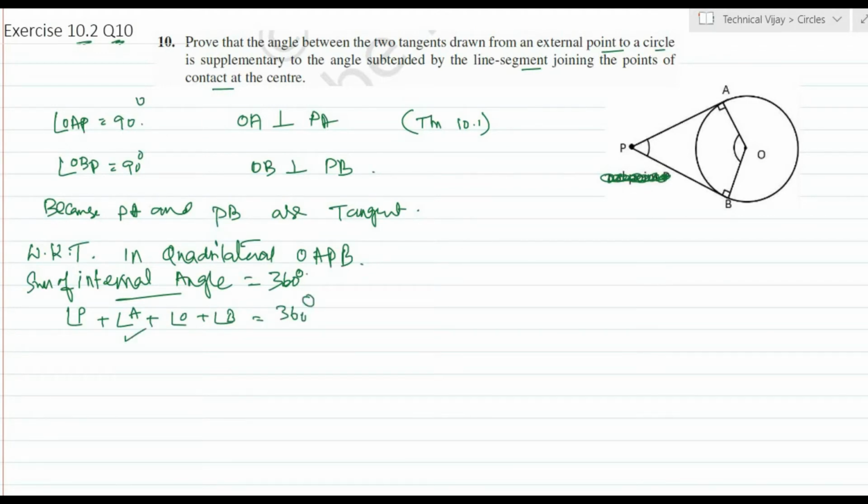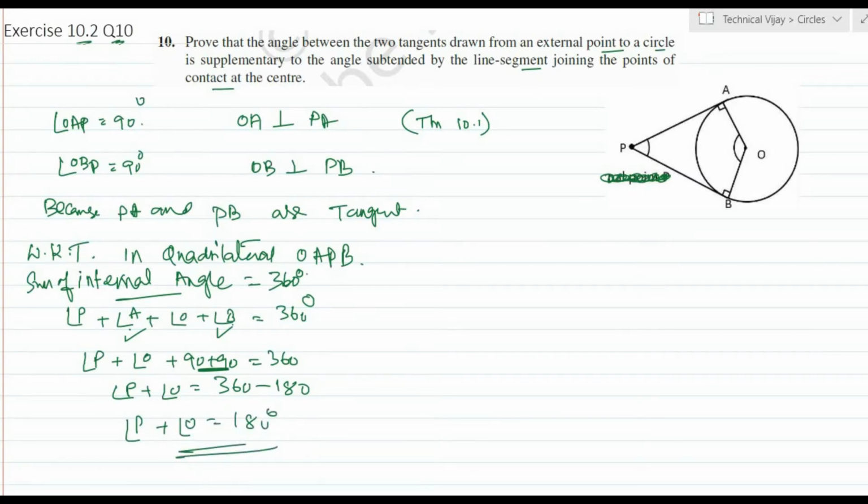Angle A and angle B are 90 degrees each. So angle P plus angle O plus 90 plus 90 is equal to 360. Hence angle P plus angle O is equal to 360 minus 180, which is 180 degrees. So angles P and O are supplementary to each other.